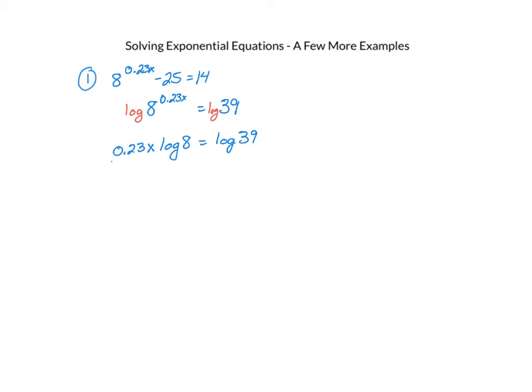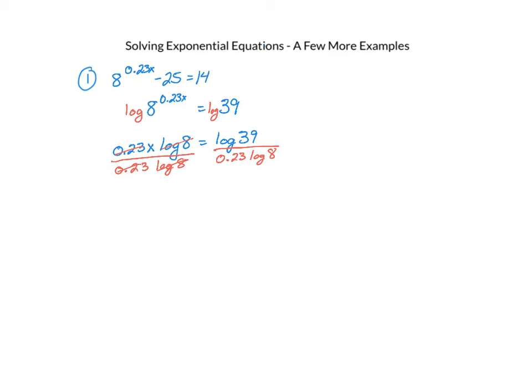For some reason, people want to do that on 2 different steps. It makes it nice if I do it at the same time. 0.23 and the log of 8. And see, they would both cancel here, and I would be left with x. So on the right-hand side, I have 0.23 times the log of 8 as well.